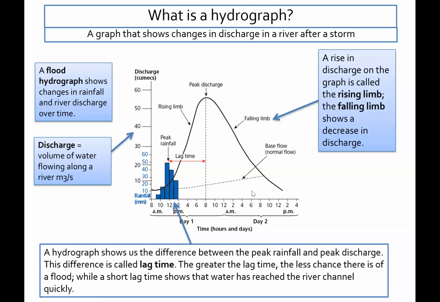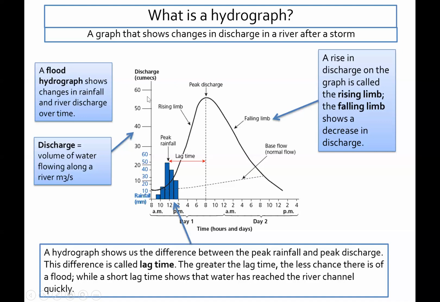And as that line graph goes up, you can see the discharge of the river from these normal levels down here, all the way up to its peak discharge. And that's when the water in that river is at its highest. And if it's going to flood, that's when the flood is most likely.